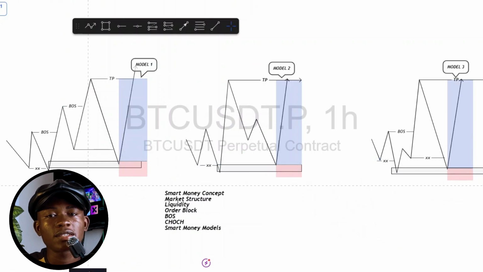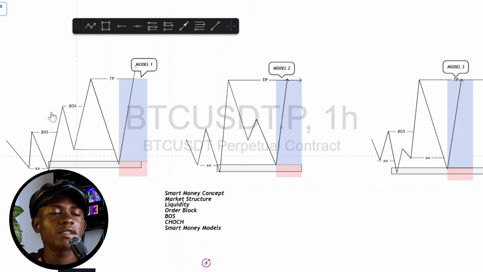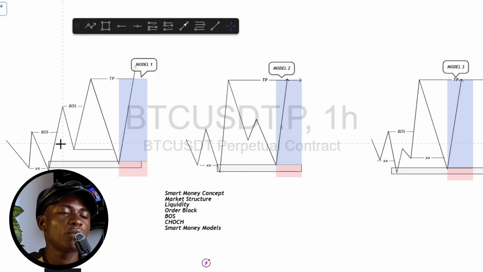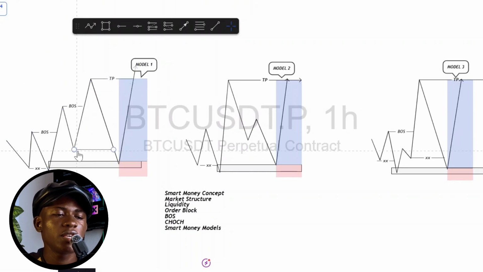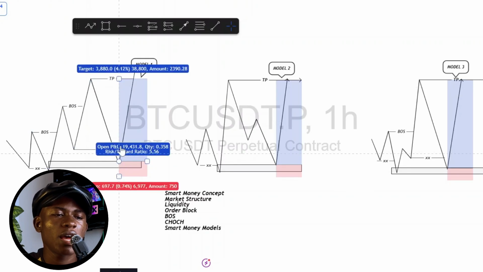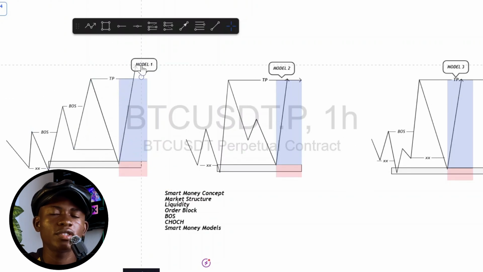Liquidity is one of the key factors you need to look out for when trying to use this model. We have 2 breaks of structure, inducement, your order block, sweep of liquidity, and then your TP should be at your recent high. The market will simply come down and it's your TP. It's very simple.